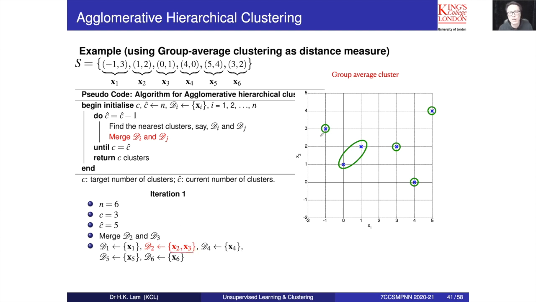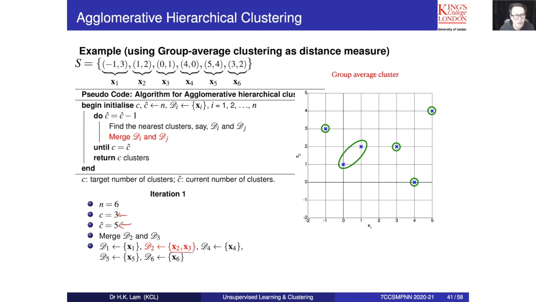Now the number of clusters is reduced from 6 to 5. C hat indicates that now we have 5 clusters. Okay. Because C does not equal C hat, since we want to divide the dataset into 3 clusters.